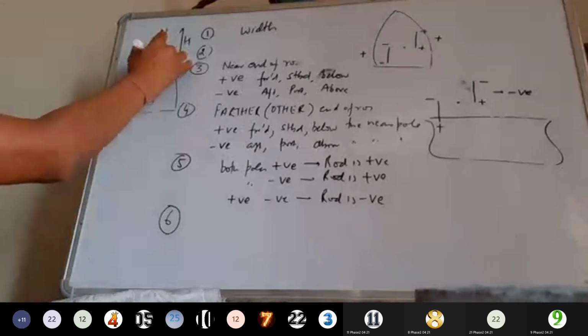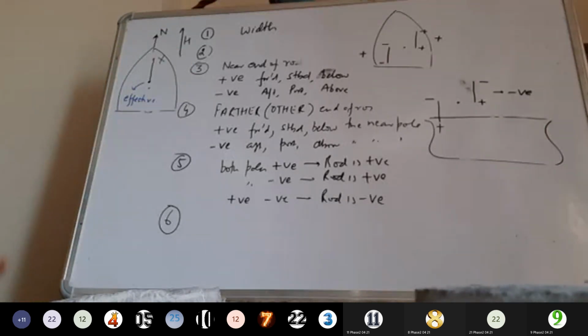Because, as you know, distance plays a very large role. The field is inversely proportional to approximately the cube of the distance. So let us say if this pole is located 5 times closer than that pole, then the effect of this pole will be 125 times the effect of the other pole. So we can ignore the other pole. It is only the near pole which is considered effective at the compass position.